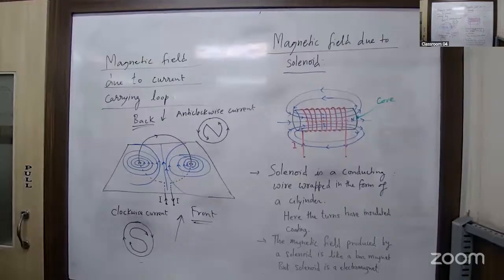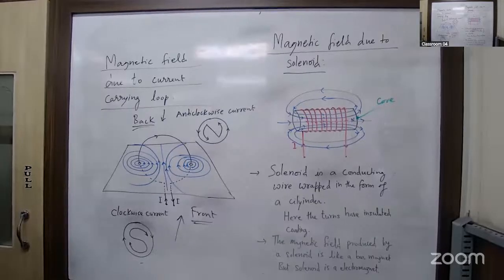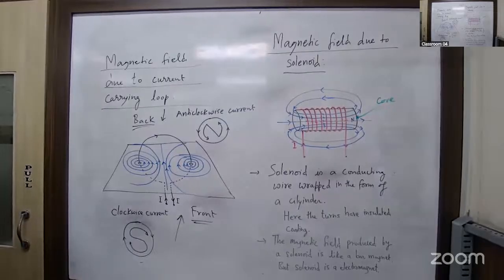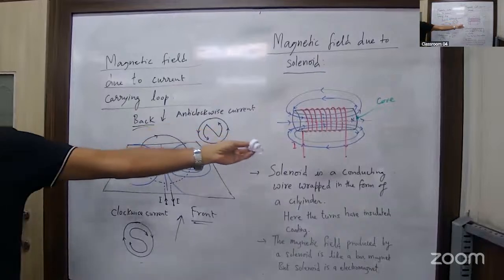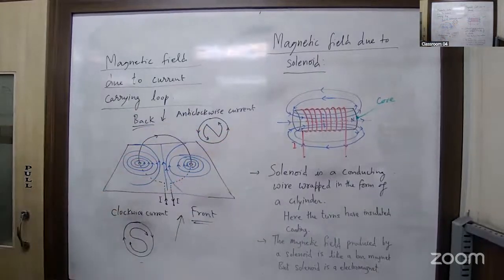After wrapping, I removed it. What remains inside? Air. So right now the core is air. If I insert a soft iron core, then the magnetic strength is even more enhanced.